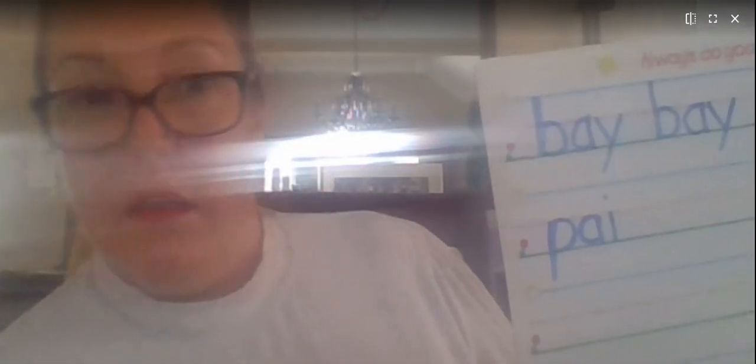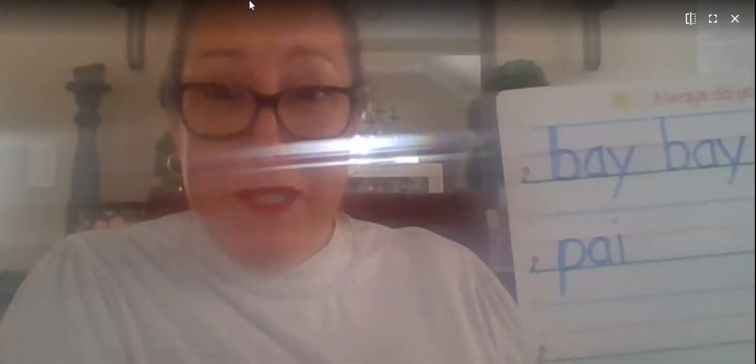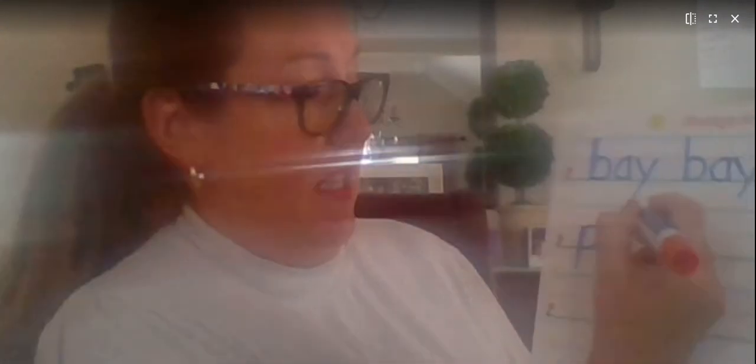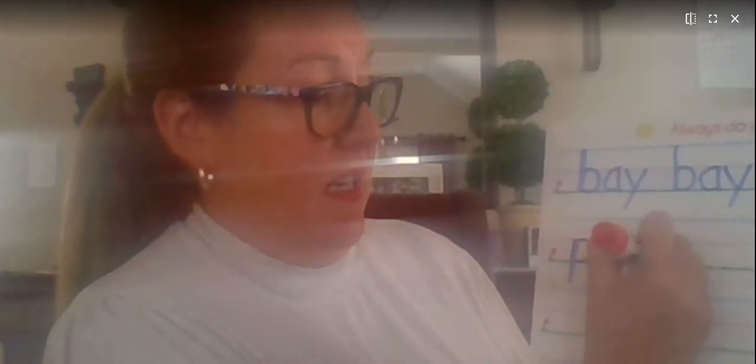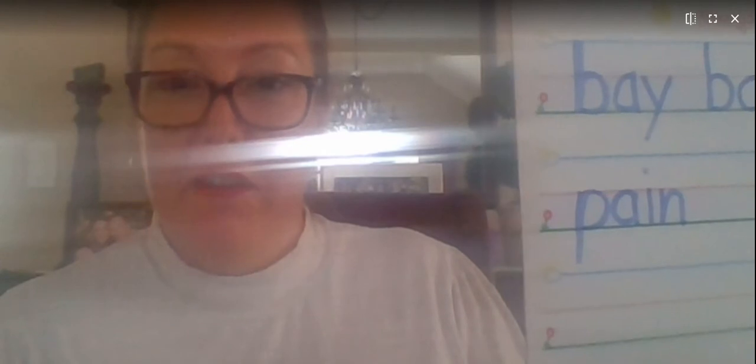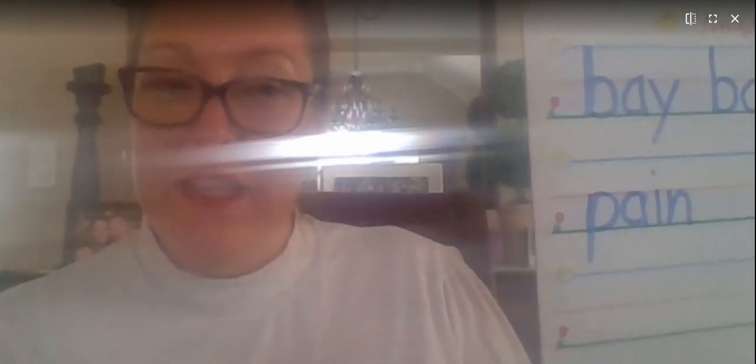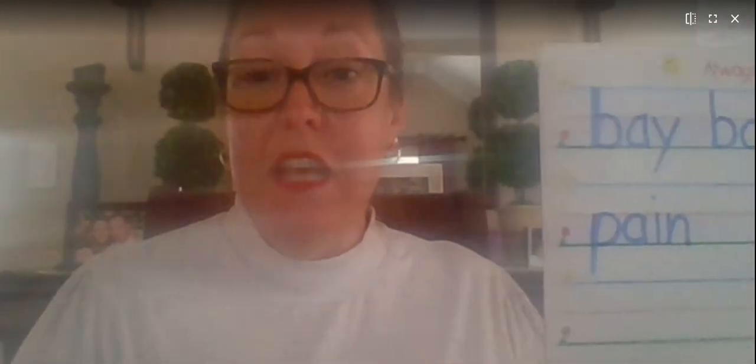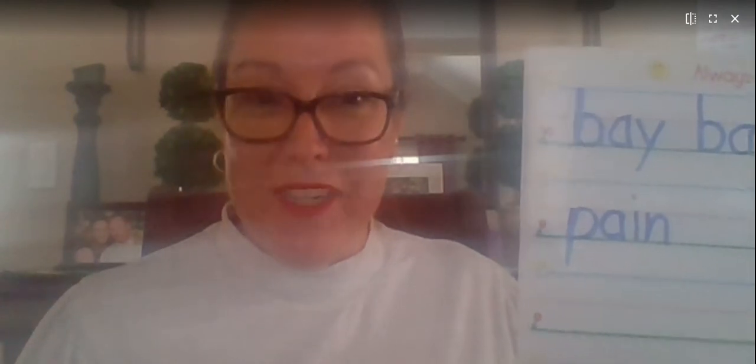I is down, dot. And then N, I hope that's the word I'm supposed to be writing. I just realized I don't even know. Down and hump. Down and hump. There's my AI word. I can write that more than once. That's how you're going to do your word work today.